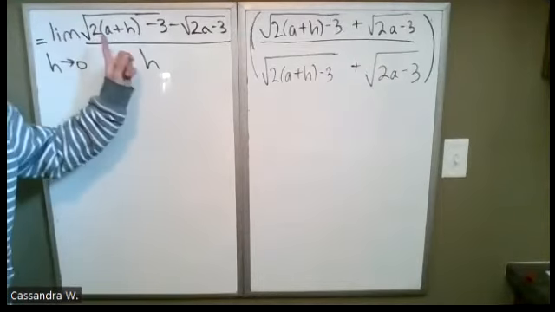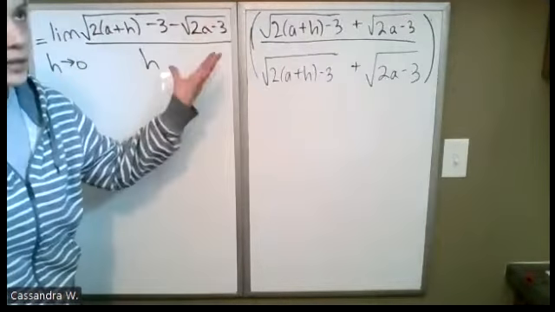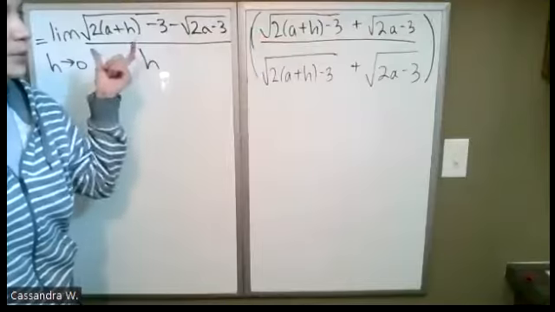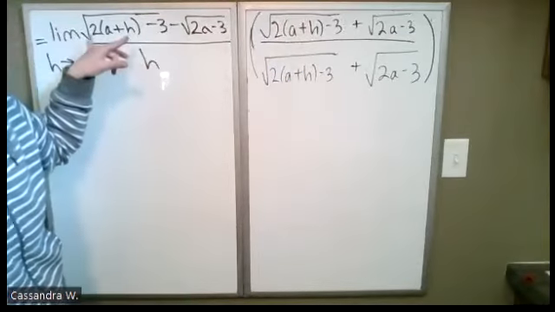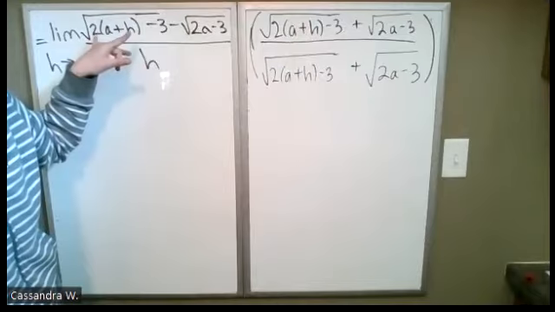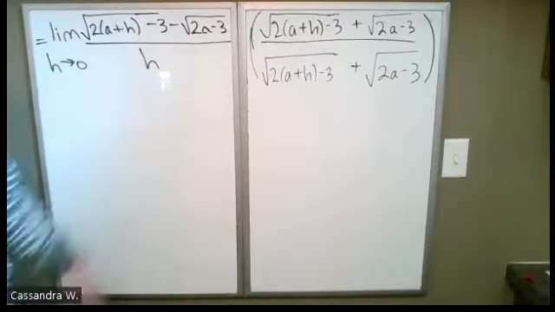So when I take these numerators and then FOIL them, that first root multiplied with the other root, the roots undo each other, and what's left is 2 times a plus h minus 3.